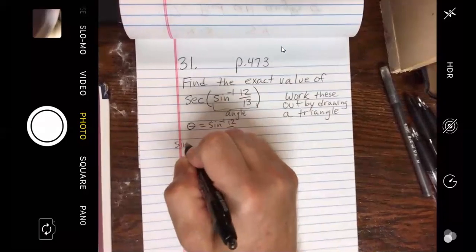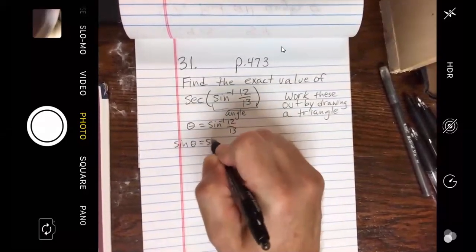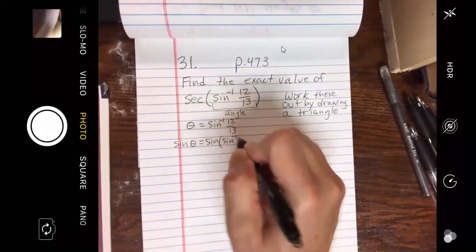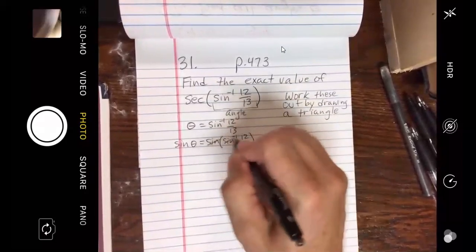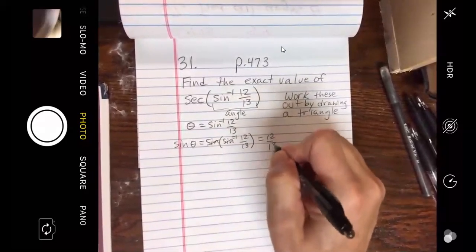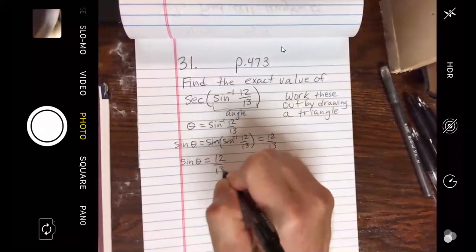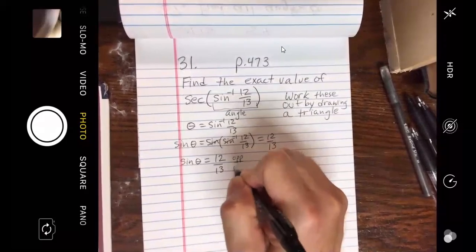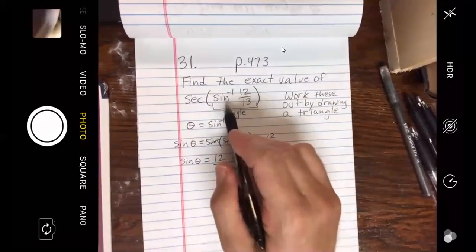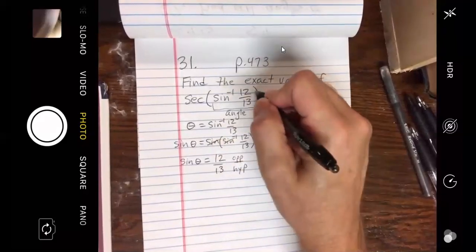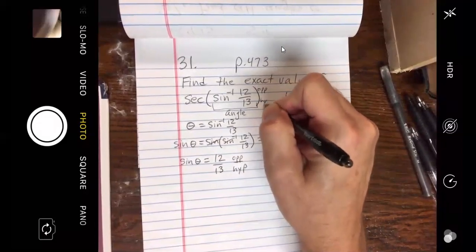The sine of theta then is sine of arcsine of 12 over 13. That's less than 1, so it's in the domain. So sine of theta is 12 over 13. And remember, that's opposite over hypotenuse. I just went through this to show you, it doesn't matter that it's sine or arcsine, you still label it by the same definition, opposite over hypotenuse.